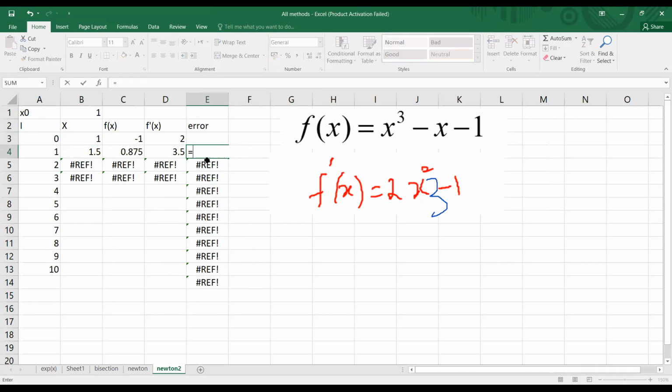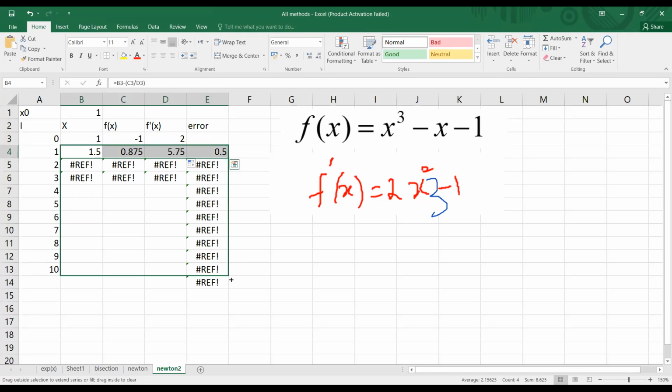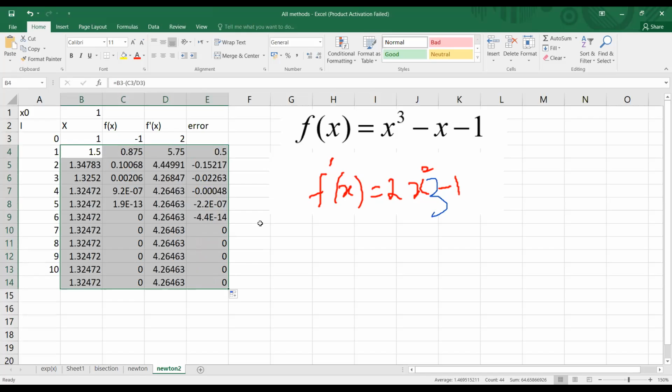Now error is equal to this minus this. This is error. Now this formula is copied, and you can see the error is becoming less and we have a 0.